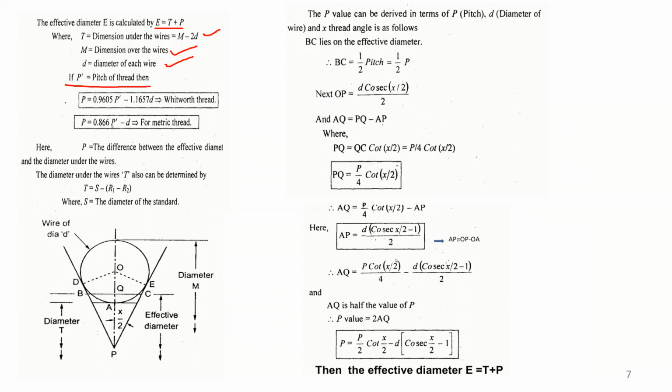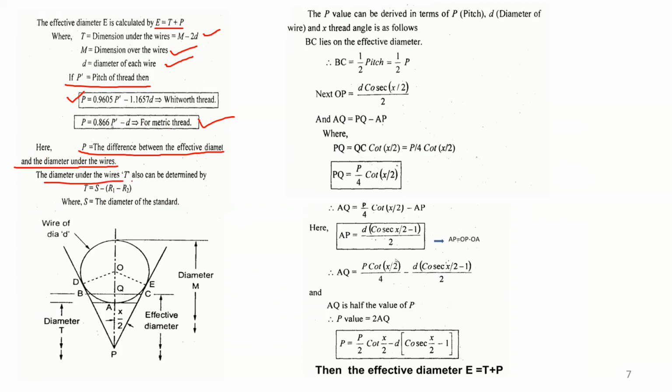Then the correction factor value P can be calculated for a Whitworth thread using this relation: 0.9605 times pitch minus 1.1657 times the diameter of the best wire. If it is a metric thread, we can use the correction factor equal to 0.866 times the pitch minus the diameter of the best wire. The correction factor P is the difference between the effective diameter and the diameter under the wires.